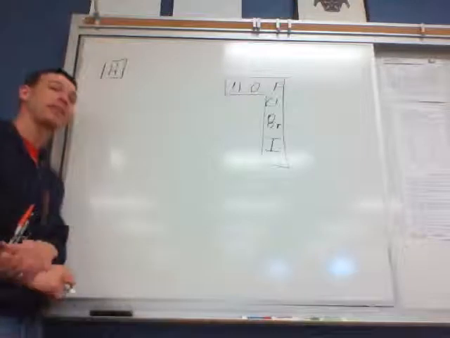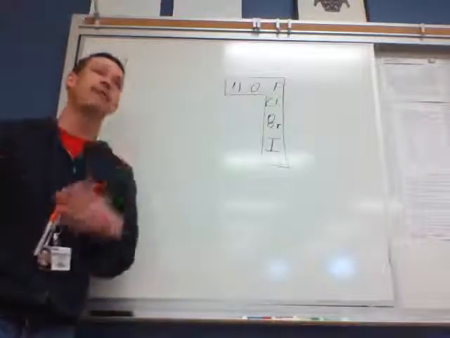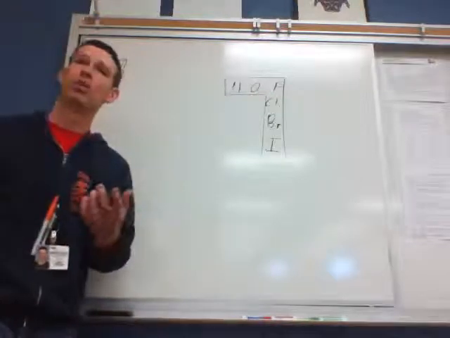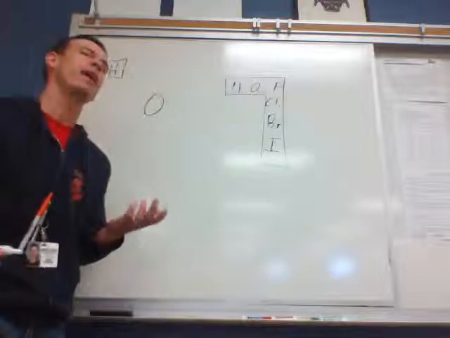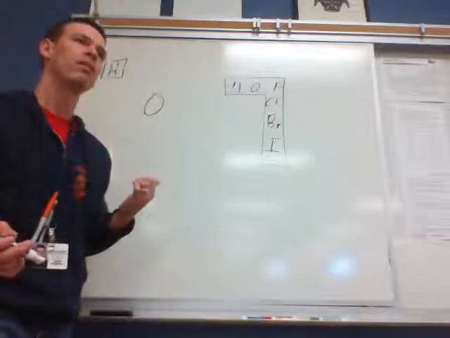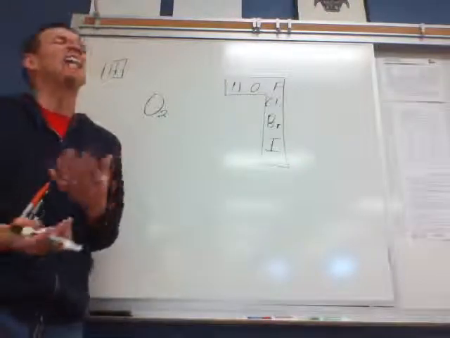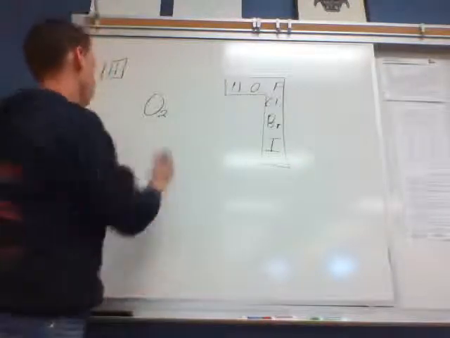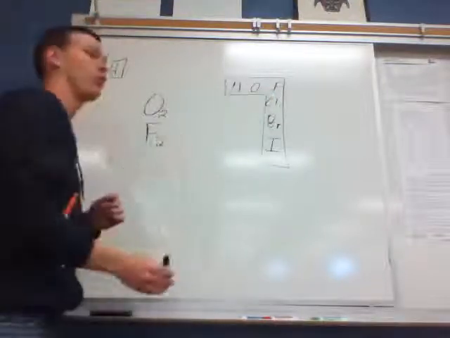Remember, all that was meant by the fact that we described these 7 elements as diatomic is that they can't exist alone. If oxygen's all by himself, what did we have to give him? A second oxygen. O is always like that if he's not bonded. He's O2. So fluorine, since he's also diatomic, is F2.